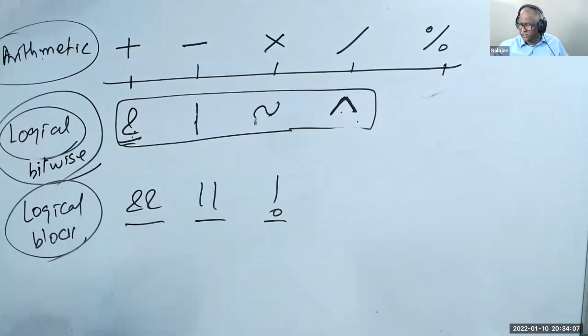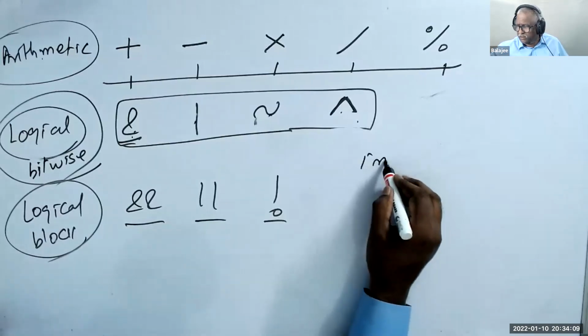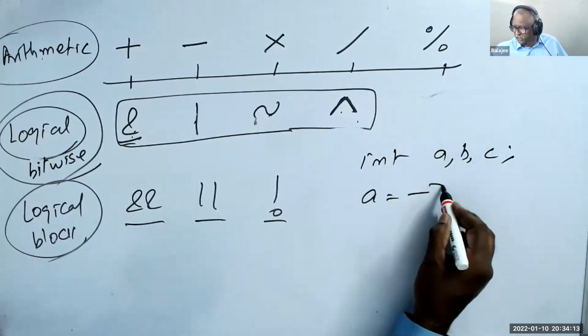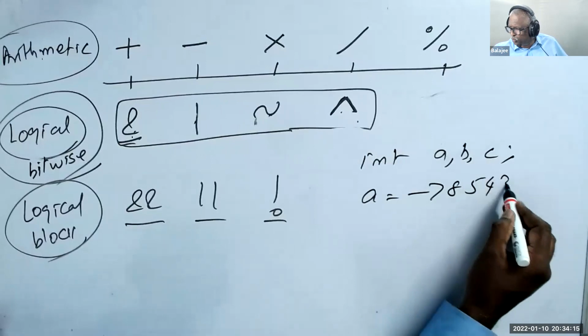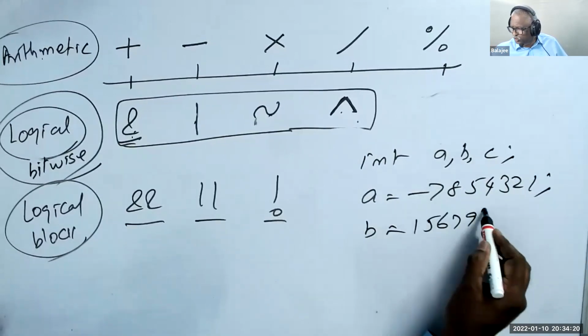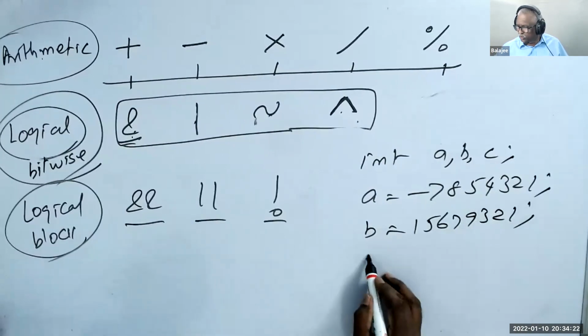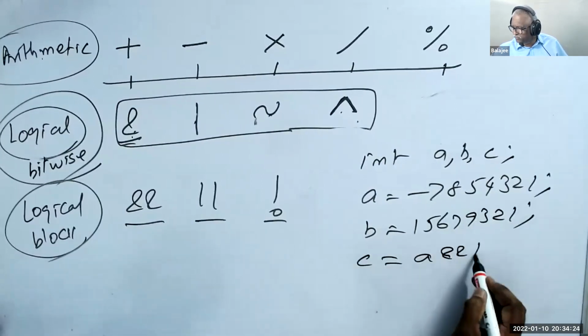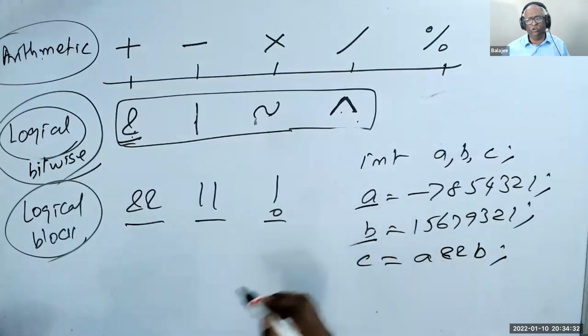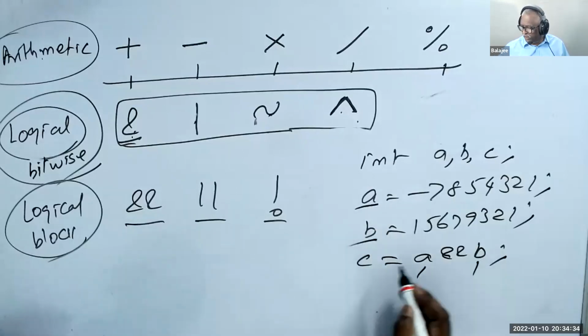Now you say integer A, B, C. A is equal to minus 77,854,321. B is equal to 15679321. C is equal to A and B. If they ask this question in interviews or anywhere, your answer should come in 1 second. A is non-zero, B is non-zero. A is 1, B is 1, 1 and 1, C is 1.